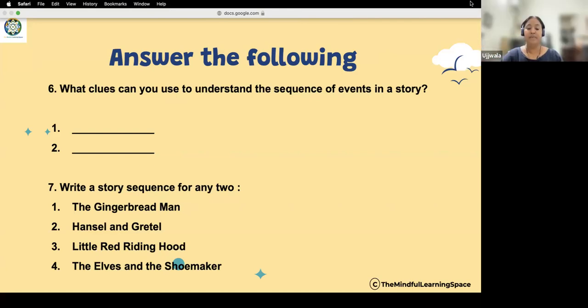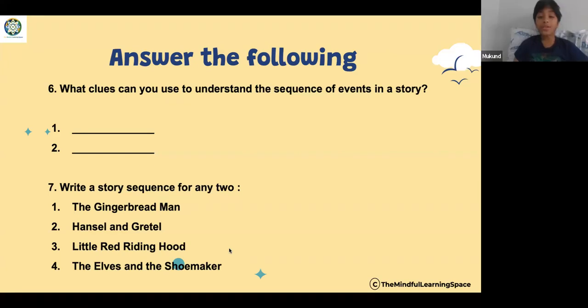Are you guys typing? You need to choose any two stories among the given list and give me the sequence of these stories. Only sequence. I don't want a detailed story. You need to write down the sequence of any two stories of your choice. Here is the list: the Gingerbread Man.